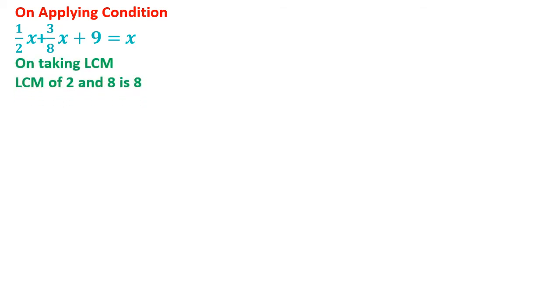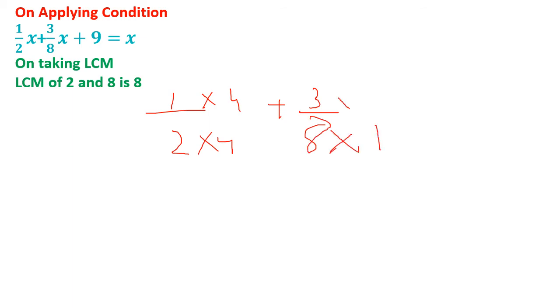Now let us take the LCM. On taking the LCM, we are finding that the LCM of 2 and 8 is 8. So we will multiply 2 with 4. And this 3/8, as the LCM is 8, it will be multiplied by 1. And what about this 9?